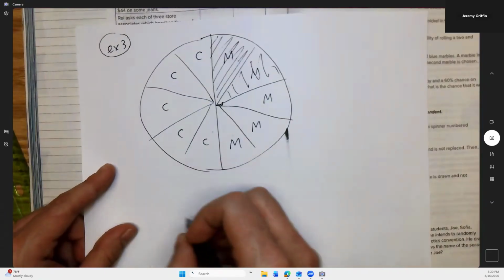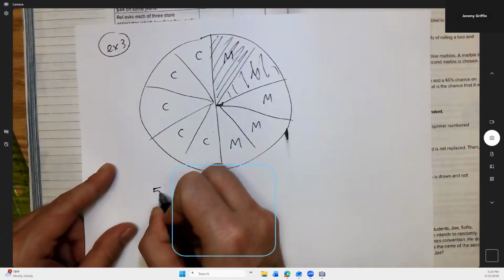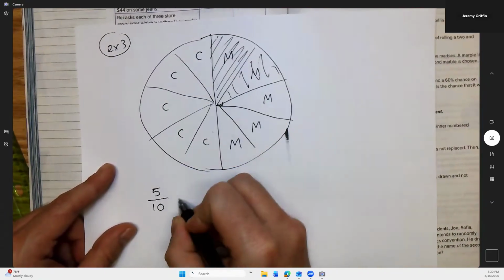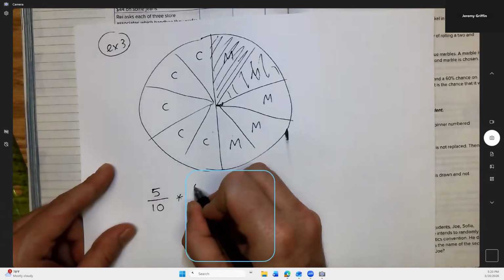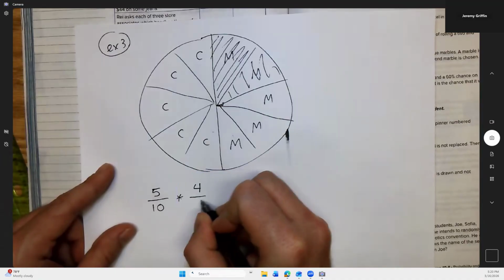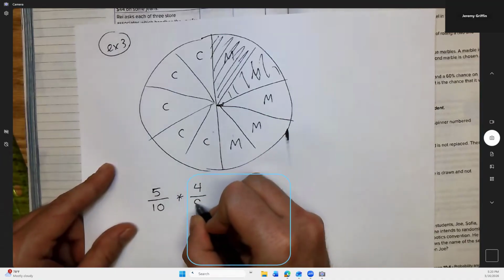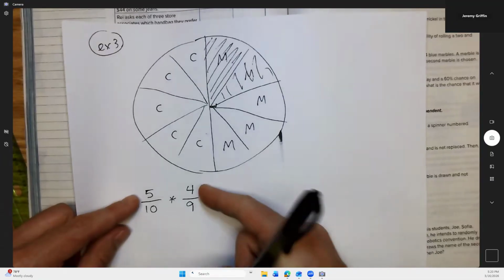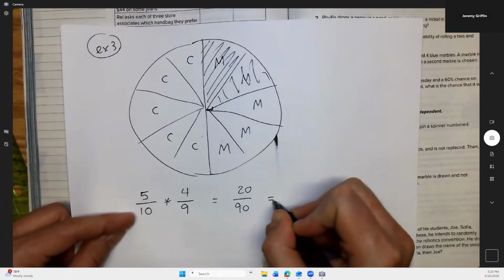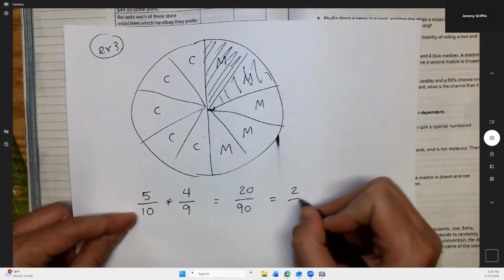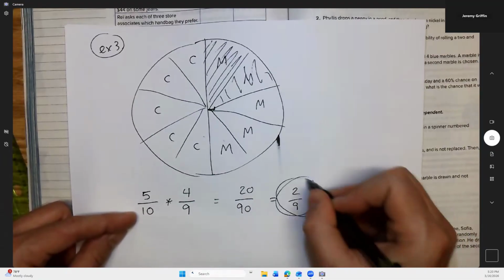So the chance that Tessa picks a mushroom on the first go round would be 5 out of 10. It's random. The chance that Jose then also picks a mushroom, well, now there are only four mushroom slices remaining out of nine total. So 5 times 4 is 20, out of 10 times 9 is 90, and that could reduce to 2 out of 9. That they end up both getting mushroom.